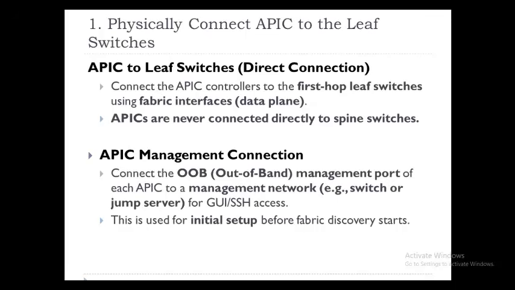I repeat, already you have connected epic to the leaf. That's a separate connection. You need another connection from the management port so that you can see things that are going inside epic through both SSH and GUI.